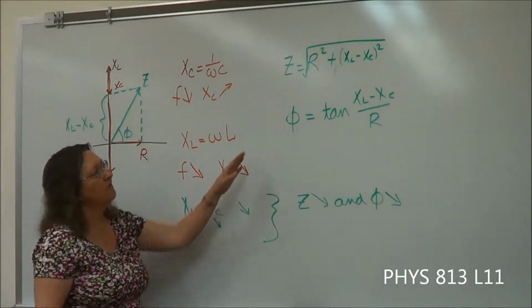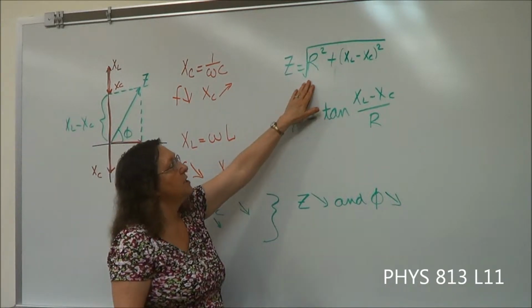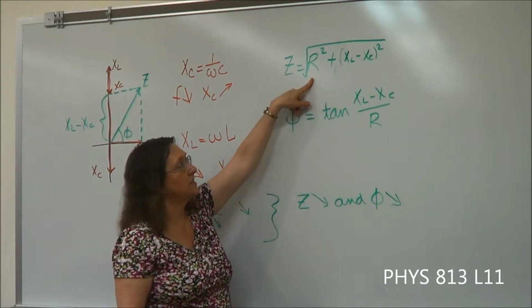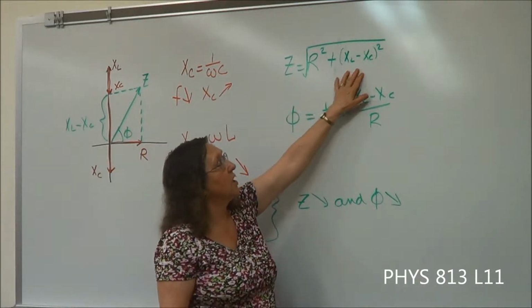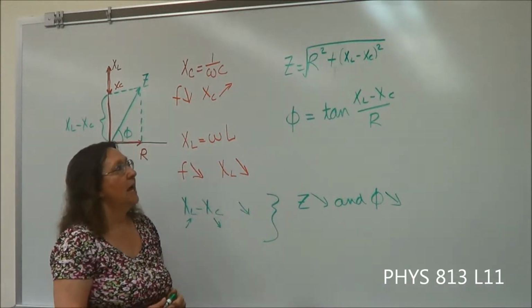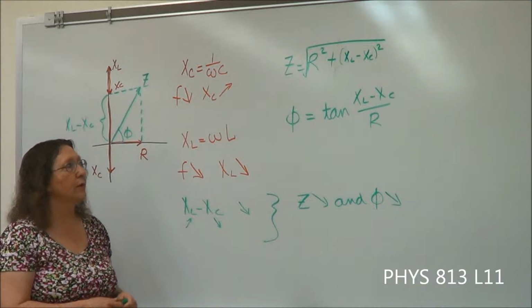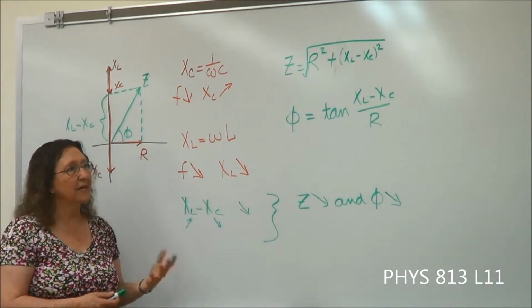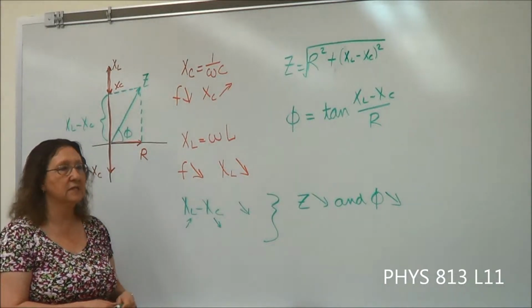But the whole point of this is that impedance depends on the resistance, which we can't really get rid of, but it also depends on the difference of XL and XC. And in one of the previous lessons, we found that the maximum current was the maximum voltage divided by the impedance.